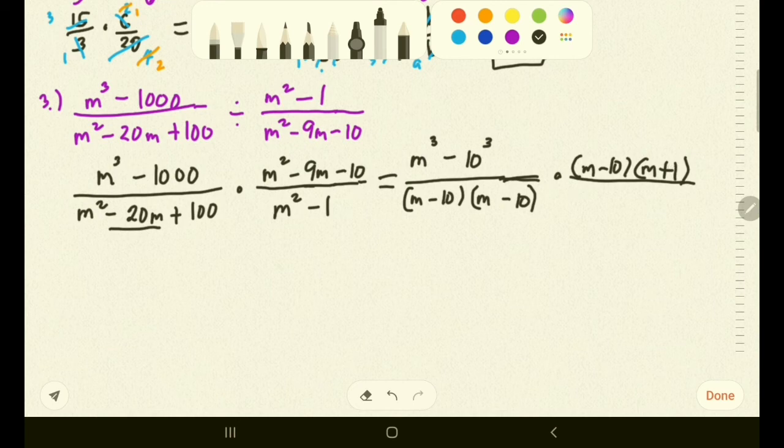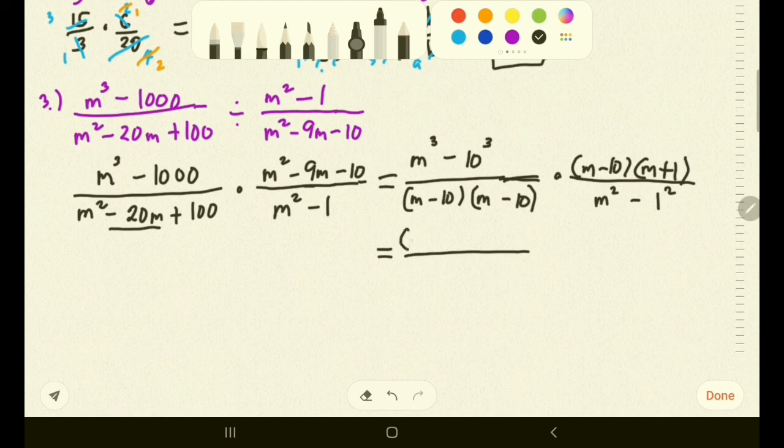And for the denominator, m squared minus 1, that is a difference of 2 squares. Before that, express it to the power of 2 so it's easy for you to factor: m squared minus 1 squared.